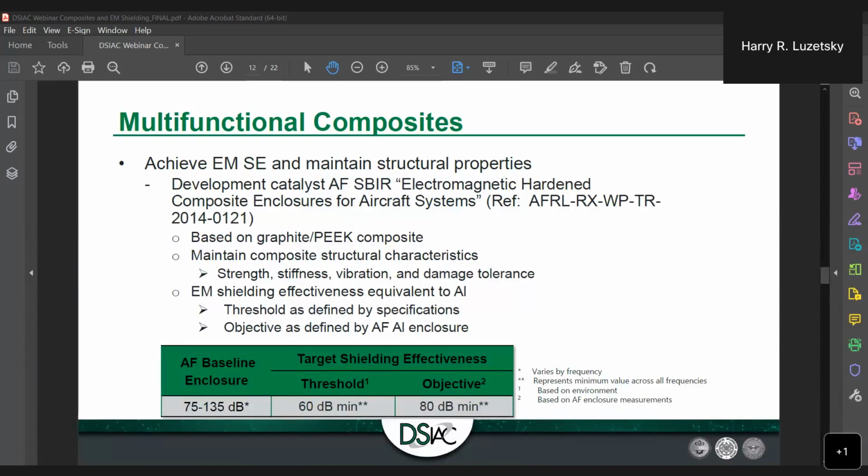We targeted a shielding effectiveness of 60 dB as a threshold, largely based on the spec requirements of the previous chart, with an objective of 80 dB as a minimum. And I do emphasize minimum, because in both cases the material we developed far exceeded both of these values. Next.